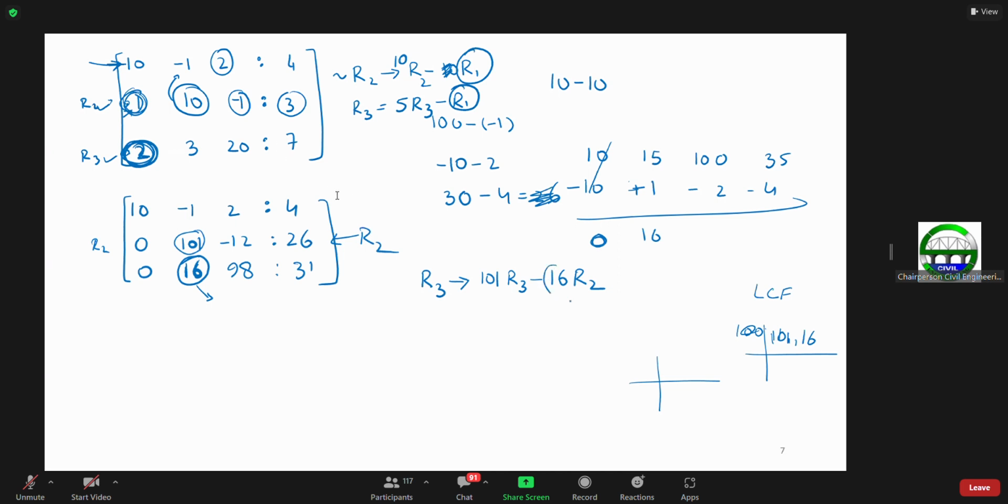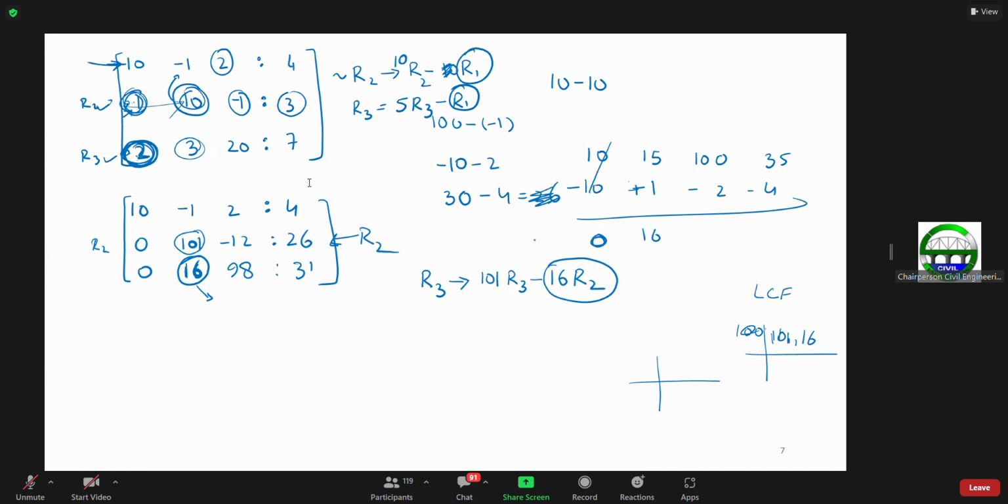Always remember we have to use R2. We will use R2 to make it 0. In the first step, we use R1 to make those 0. Now I have to make this one 0, then I will use this one.